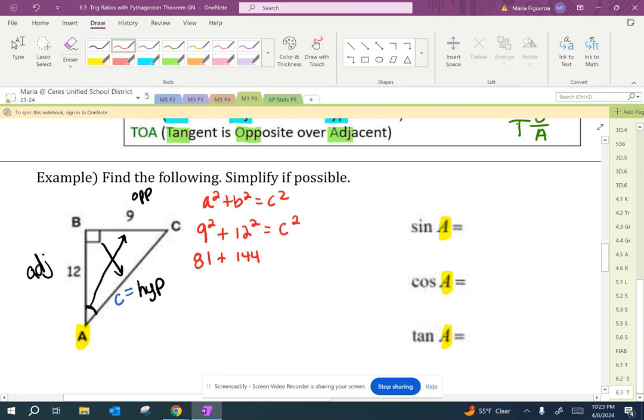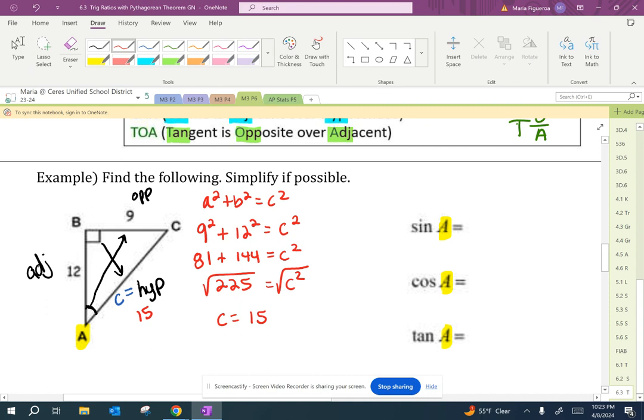If I add those together, 81 plus 144 gives us 225 for my c squared. And if I take the square root of 225, that's going to be 15. So now I know that my hypotenuse is 15.